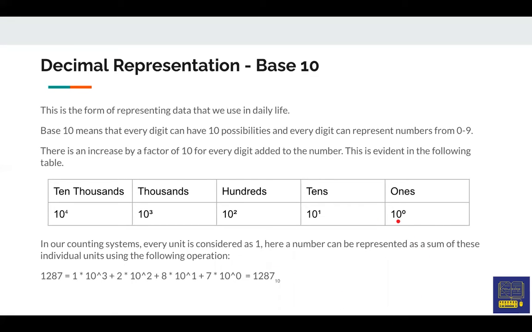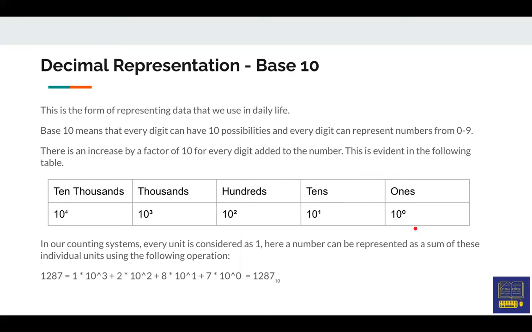Every time you add a new digit, you increase the entire number by a factor of 10. So over here you have 10 to the power 0, the next digit 10 to the power 1, next digit 10 to the power 2, and so on. That's the general idea, that your base is being raised to a particular power, and that power increases as you keep on adding more digits.